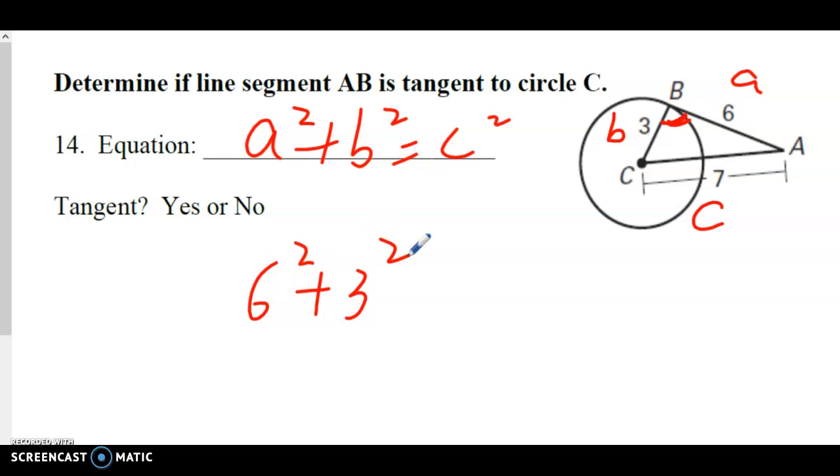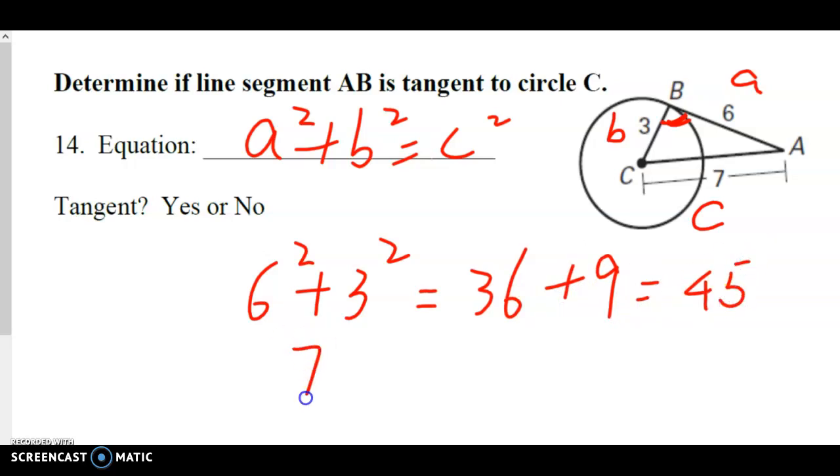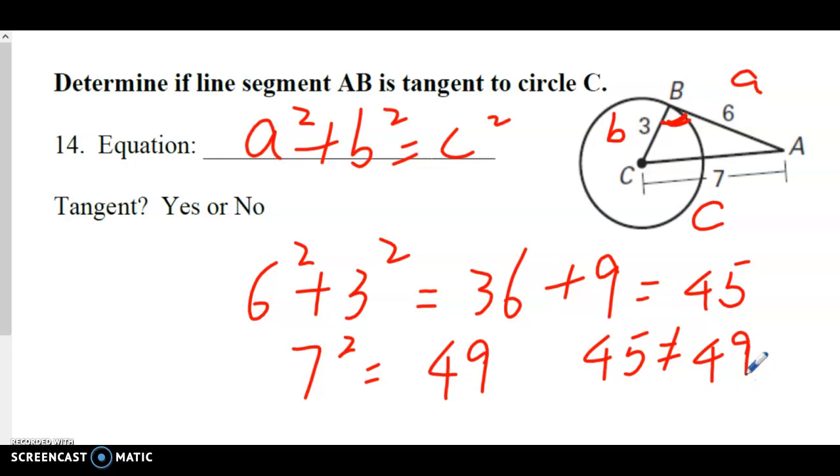That equals 36 plus 9, since 3 squared is 9, which is 45. And 7 squared equals 49. So 45 doesn't equal 49, which means the answer is no. A squared plus b squared doesn't equal c squared.